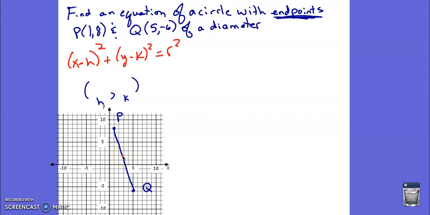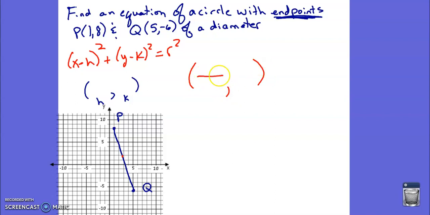What we have to do is find the midpoint between those 2 points, and that will actually be the center of the circle. If you remember, the midpoint is basically finding the average of the 2 points.